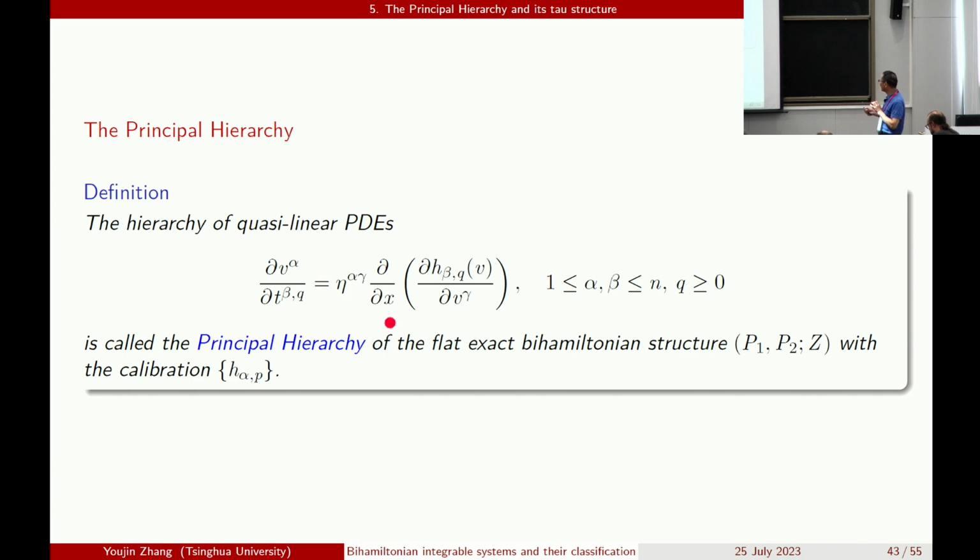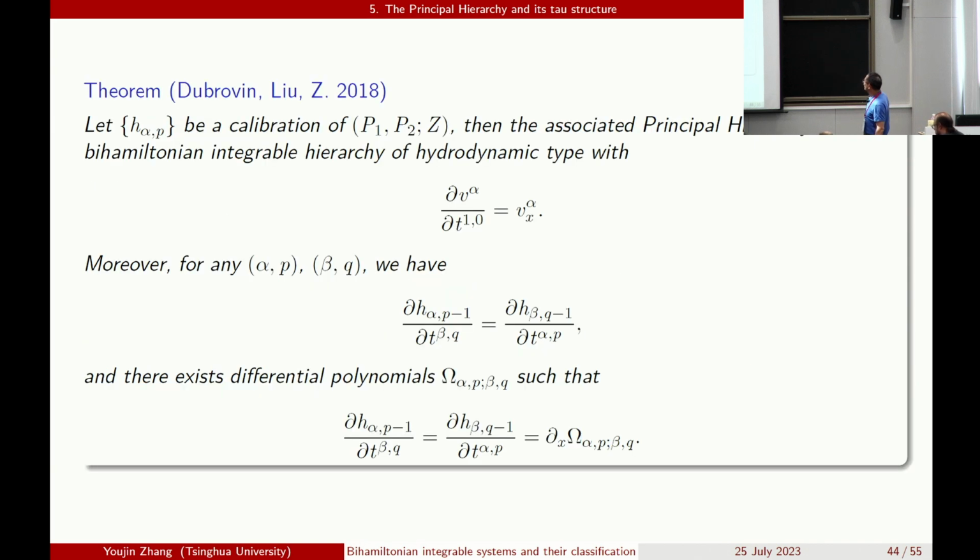Then these flows are all commutative, and each flow has infinitely many conservation laws, as given by this H alpha p. Okay. So then a theorem of Dubrovin, Liu, and I says that given the calibration for the bihamiltonian structure of hydrodynamic type, we have this principal hierarchy.